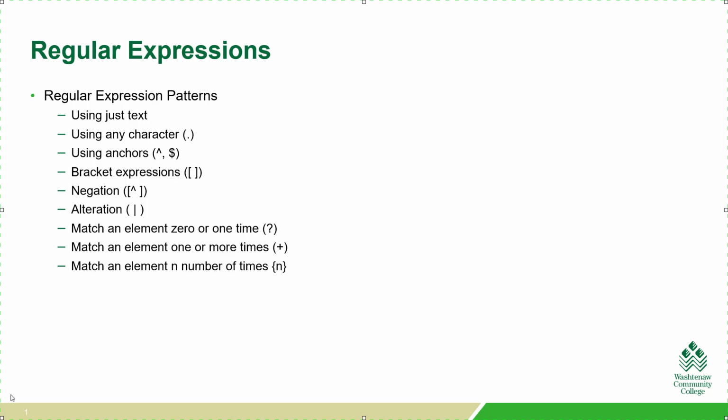We looked at matching an element n number of times, where n is a number inside curly brackets, which says how many times we have to match that particular pattern. And we didn't see an example, but remember we can have 2 numbers in there, so we could have a range like 3, 5, which would match either 3, 4, or 5.